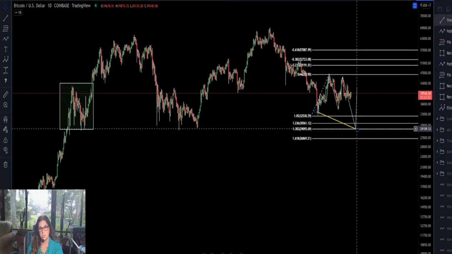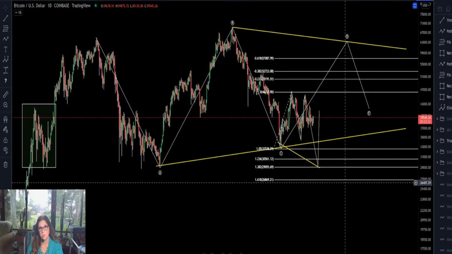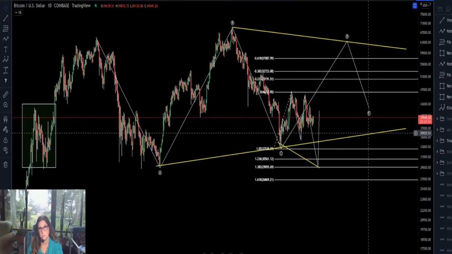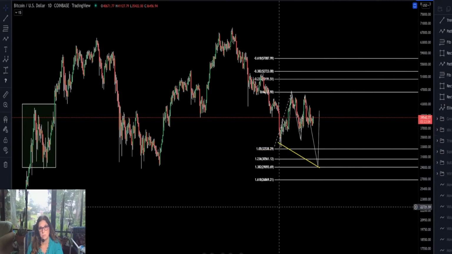And here's another thing, guys. If it does this expanded B, we're going to break our triangle trend line. So triangle will come off the table.